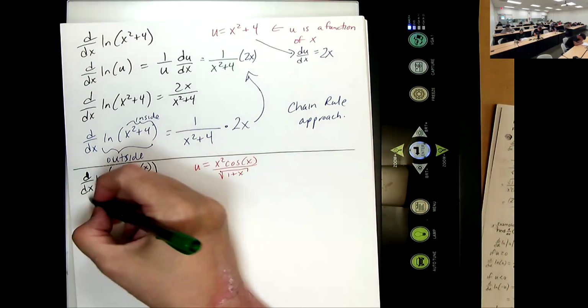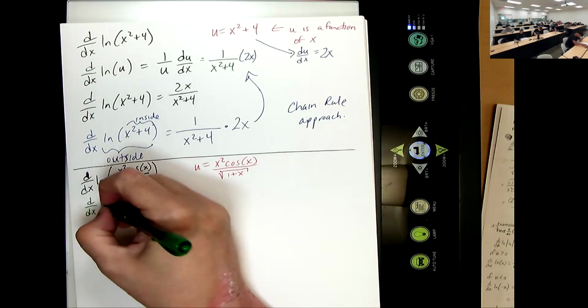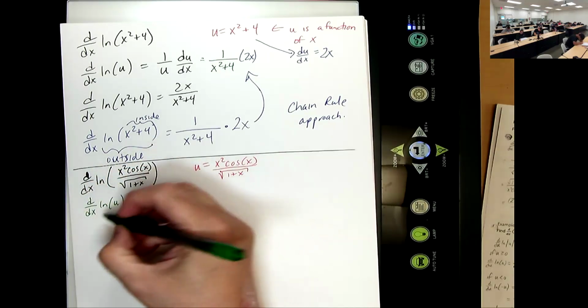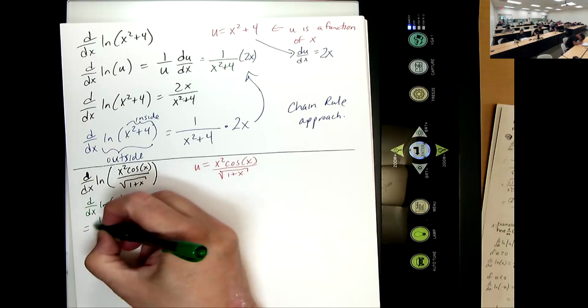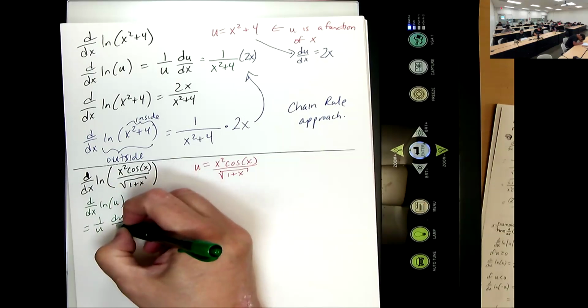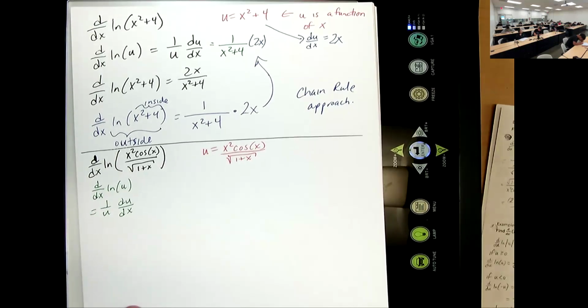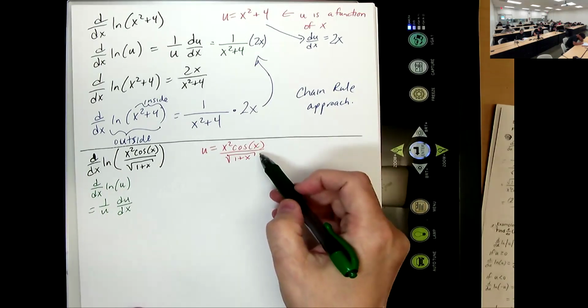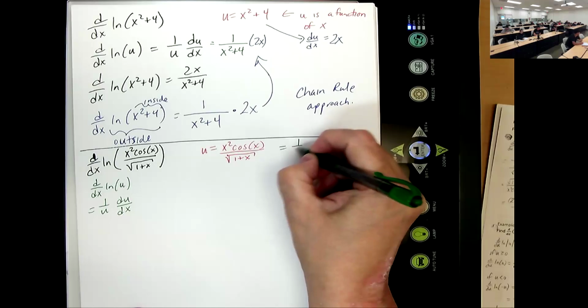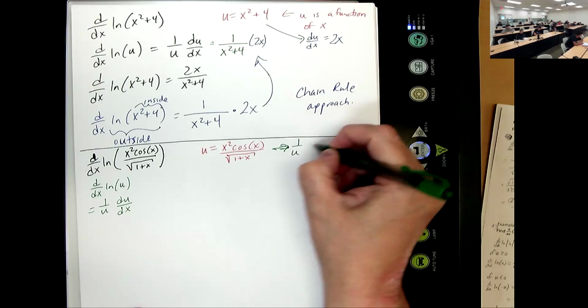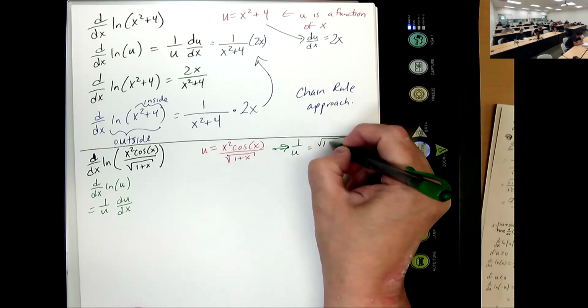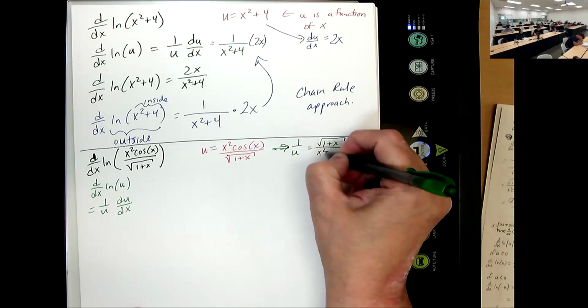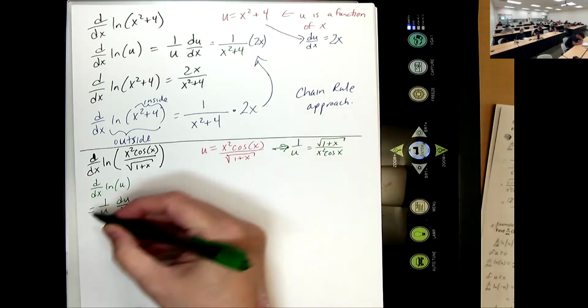And this becomes d/dx of ln of u, which is 1 over u du/dx. And 1 over u is just flipping this over. So that gives us part of it.